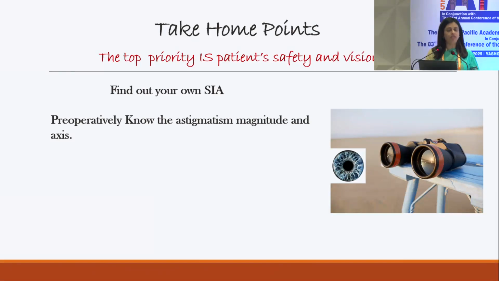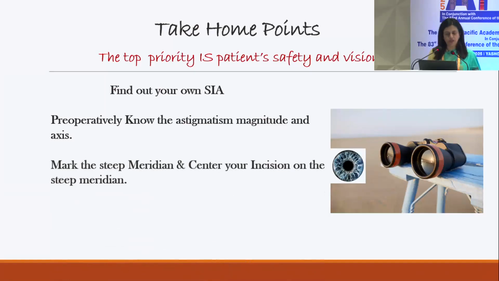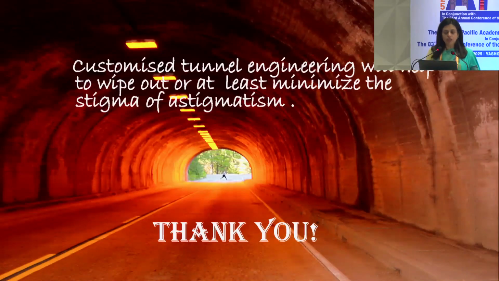Magnitude will help decide the size and the shape of the incision, and the axis will decide the site of incision. Mark the steep meridian and center your incision. To start with, start with the accessible area, maybe superior, superior temporal or temporal, that will give good results. So customized tunnel engineering will definitely help, or at least minimize the stigma of astigmatism.